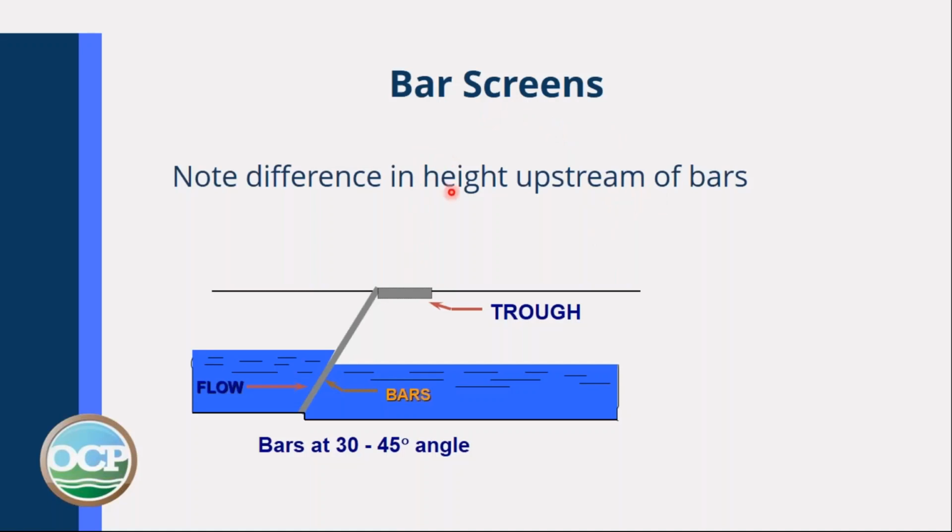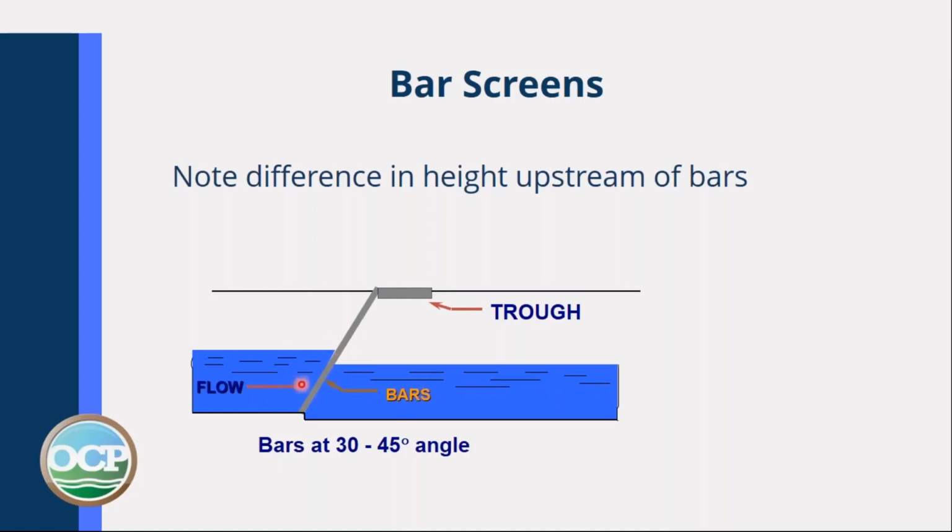But before we go on to that, I just want to show you what happens when water coming into a plant hits a bar screen or a sieve or some way to collect material that we want to remove. Here's the bar, here's the water coming in. Notice how much higher the level is on this side of the bar screen than the other.